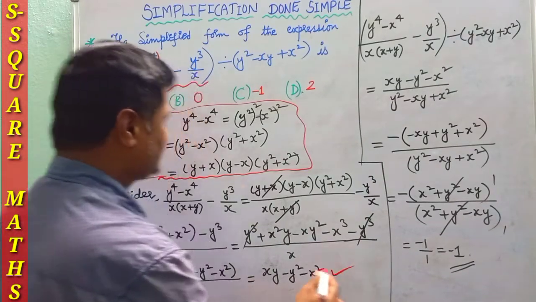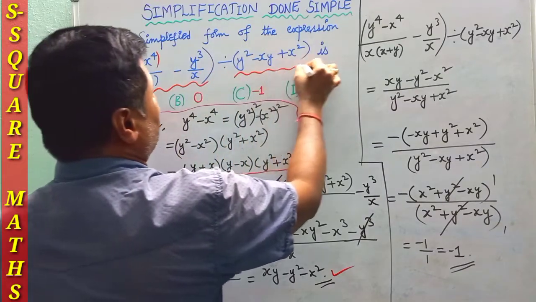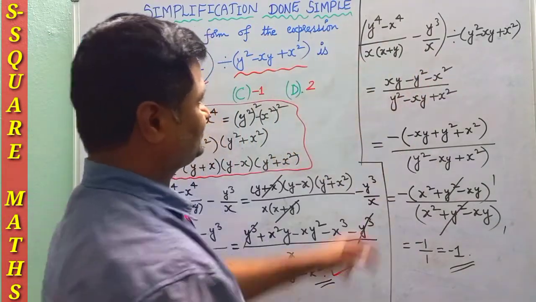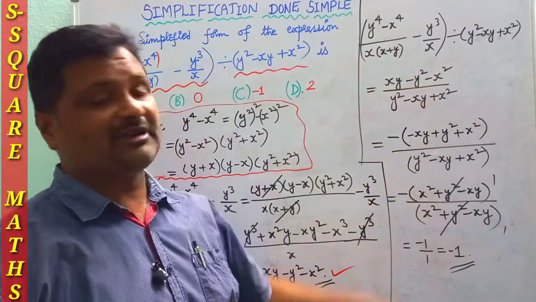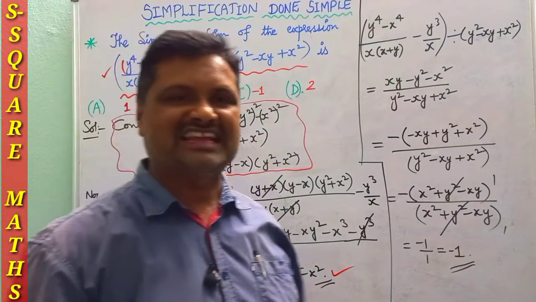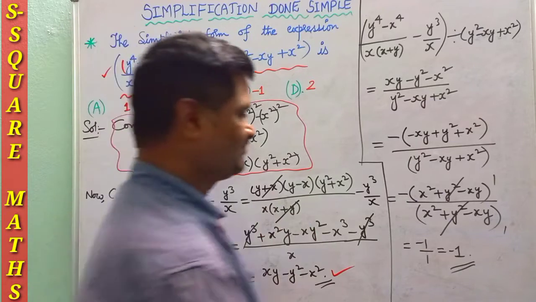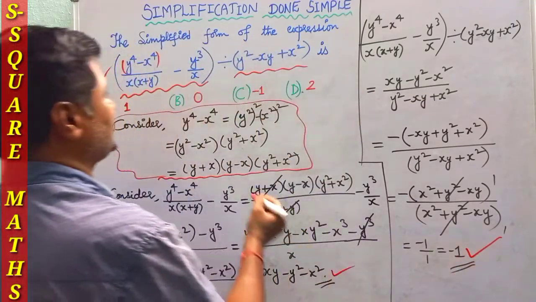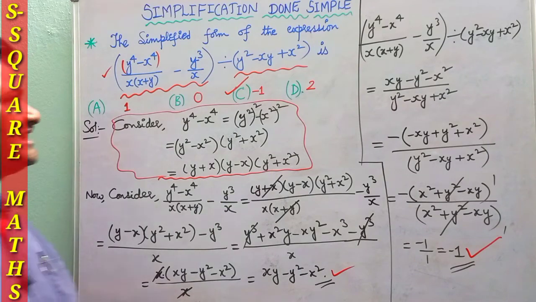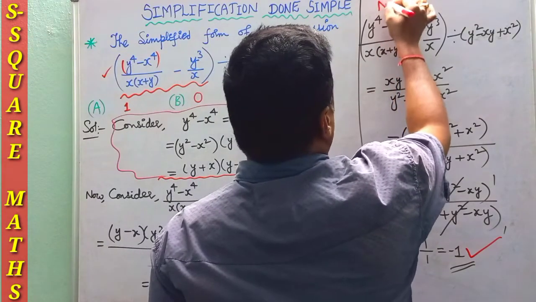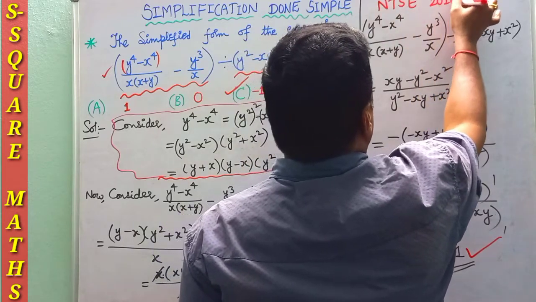Then numerator by denominator, the signs being different, I took minus as common, the signs changed, and after cancellation at last I got minus 1 as the answer. This problem was asked in NTSC 2016-17.